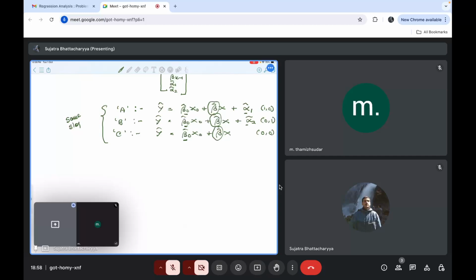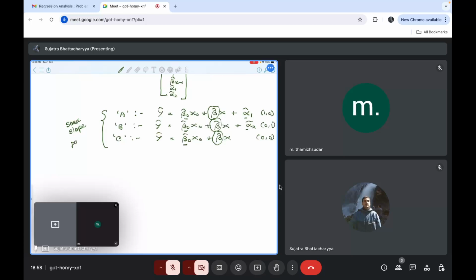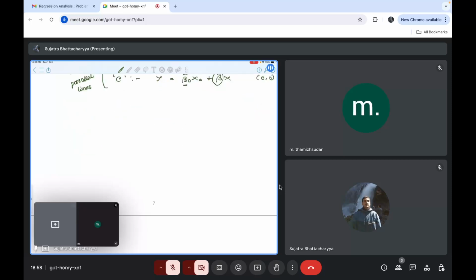And we know from very basic concept that if you have three straight lines with the same slope, that means they are parallel lines. Okay, so in all the cases, whenever you fit a model, whether it is two sets of data or three sets of data, your slope remains the same and the intercept will change. That means something is happening like this.